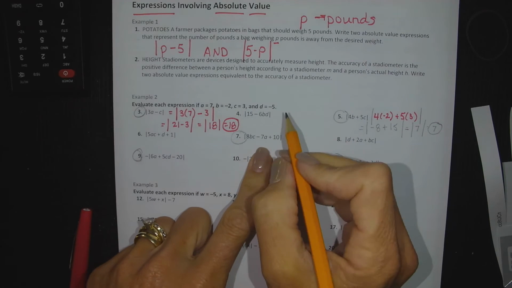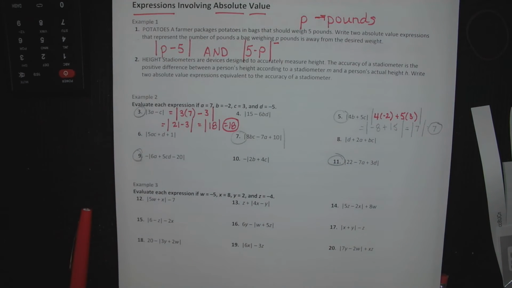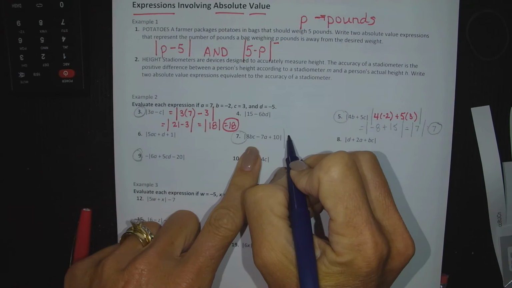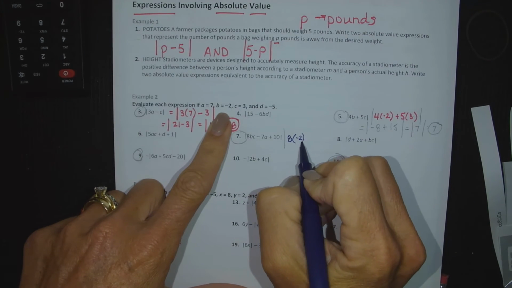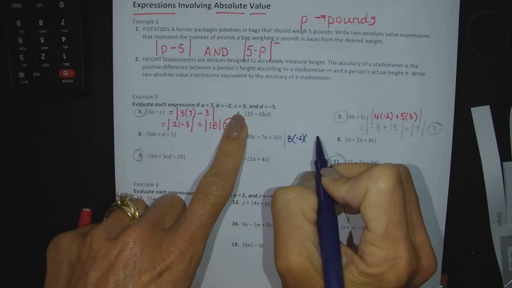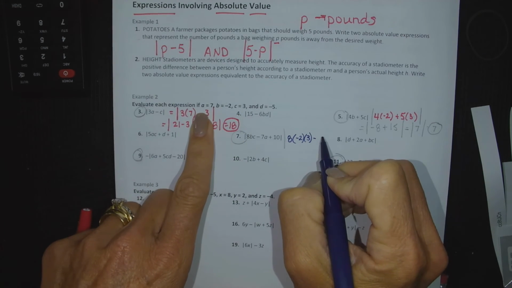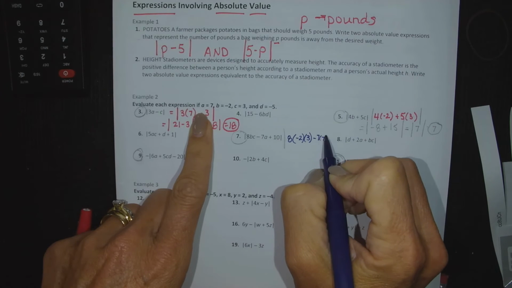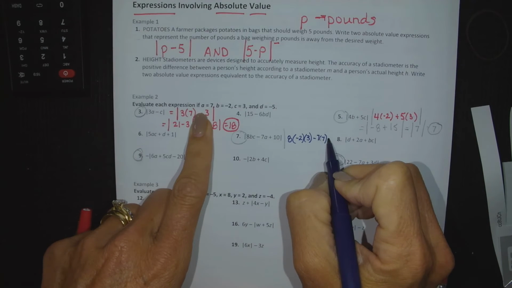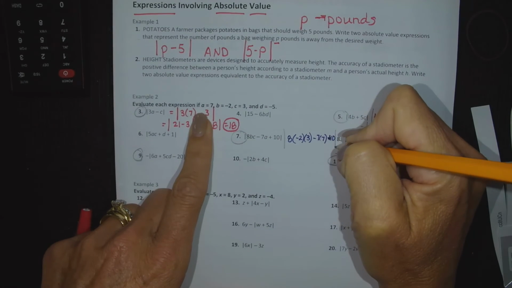Okay, so I am going to do my absolute value of 8 times B, which is -2, times C, which is 3, minus 7 times 7, plus 10. That got messy there. All right, let's do the math.